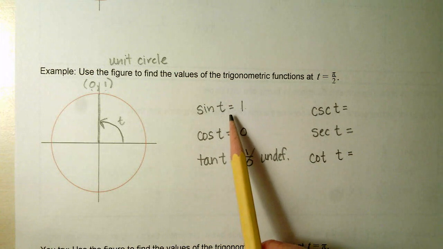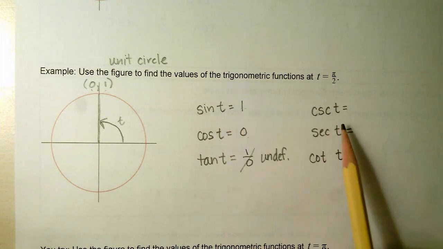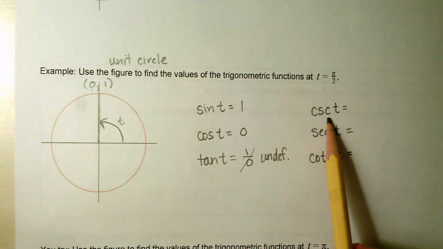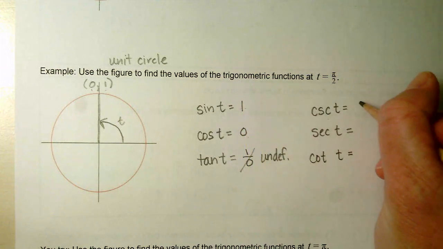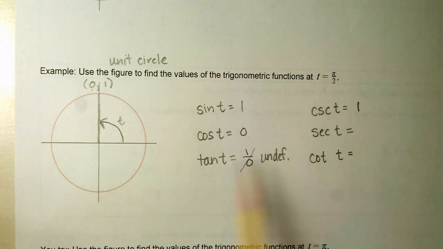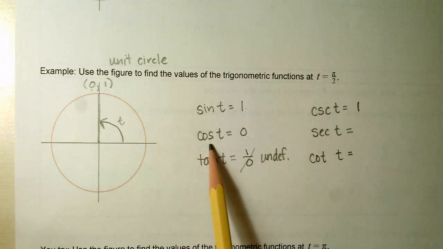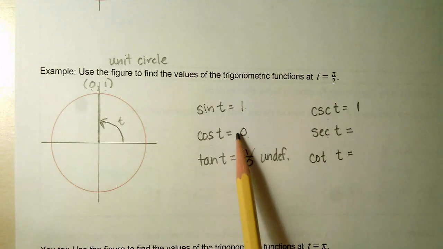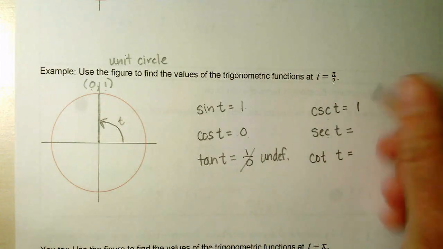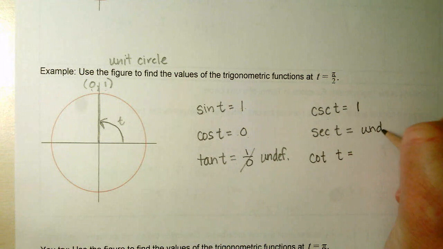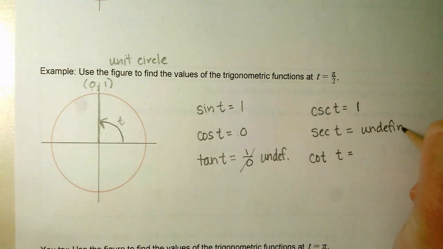Next, we're going to find our reciprocals. The reciprocal of the sine is the cosecant. The reciprocal of 1 is 1. The reciprocal of the cosine is the secant. The reciprocal of 0 is undefined, so we say the secant is undefined.